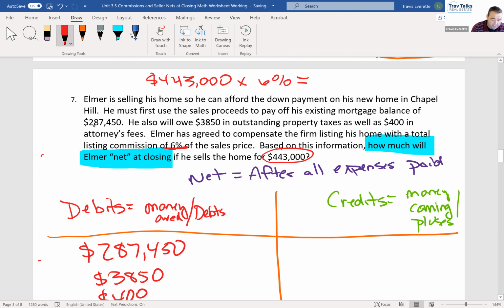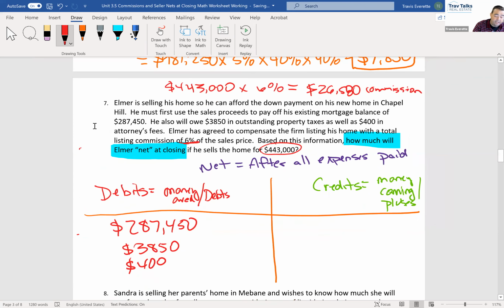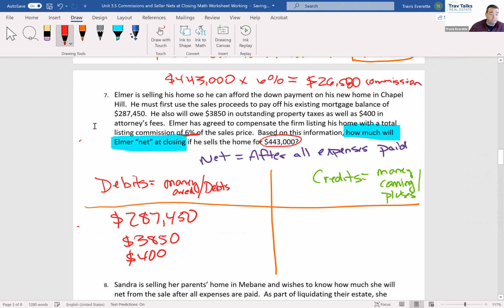That's $26,580 in commission. But when you think about a commission for a seller, that's not a good thing. It's a bad thing. So we're going to put that in the debits. $26,580 as a debit.